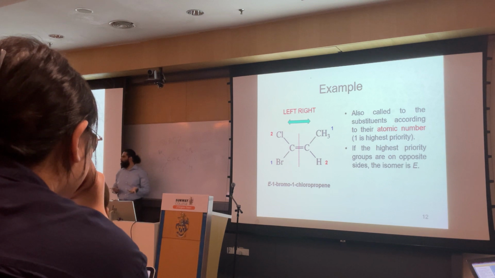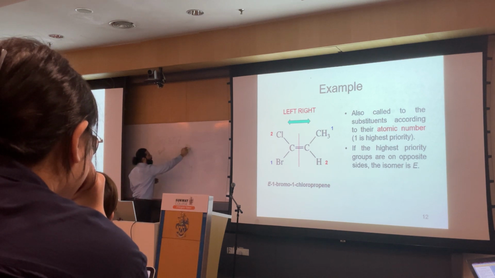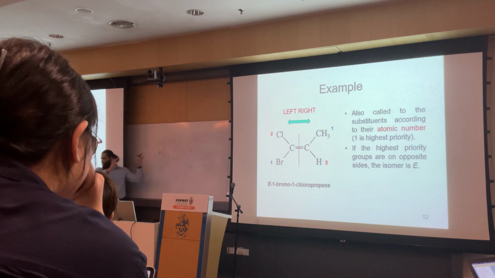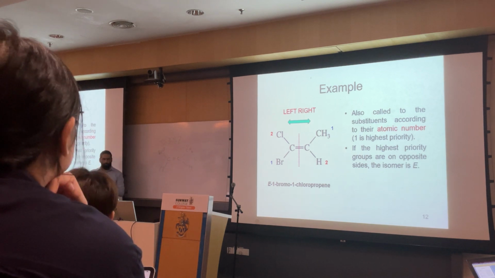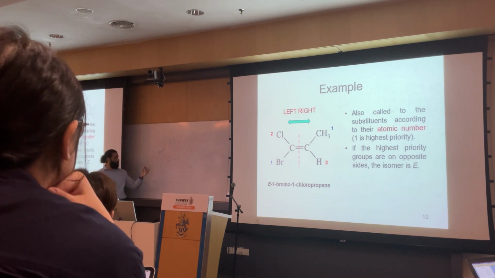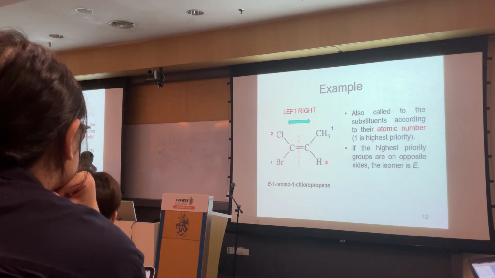Same side meaning both on the top. This is priority 1, this is priority 1. They are on the same side of the carbon-carbon double bond. Okay? So this would be Z, and that will be E.